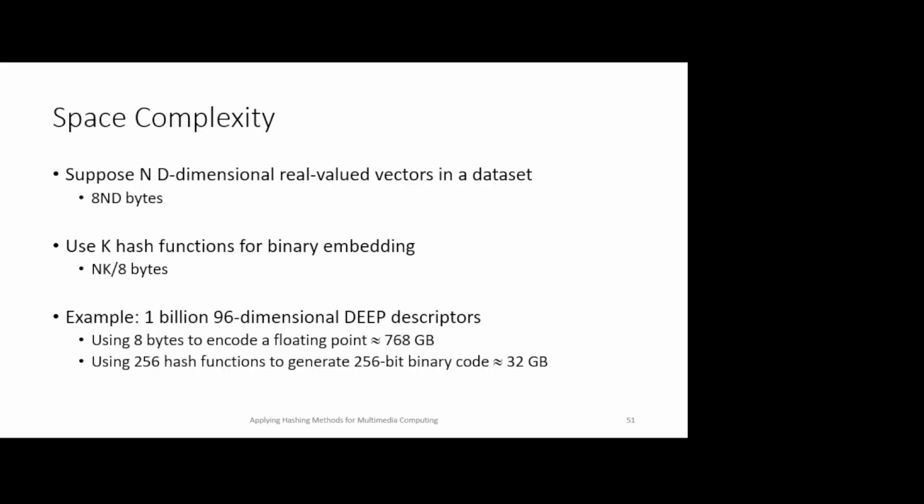But if we do hashing and compress the vector into a hash code, for example using 256 bits to encode each vector, to store all 1 billion 256-bit vectors you just need 32 gigabytes. So you compress a lot, and you can save a lot of memory space.